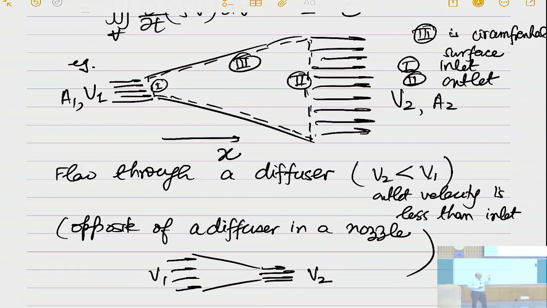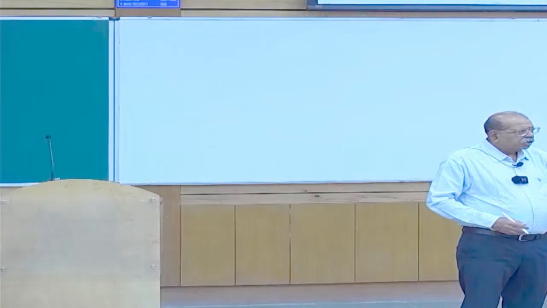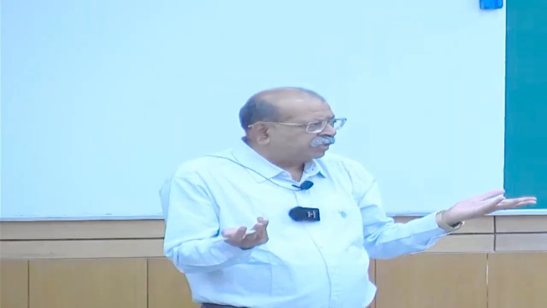Now, the point I am trying to make here is, if the flow is incompressible and this is a fixed control volume, what can I say? Is the flow steady or unsteady? Is the velocity changing with time at a particular location? Flow is coming, flow is leaving, there is no change with time.